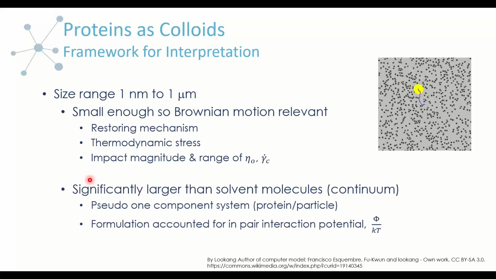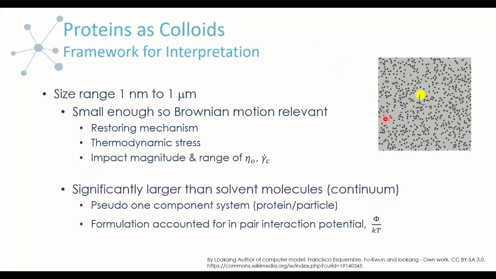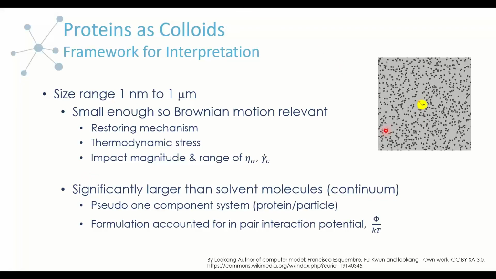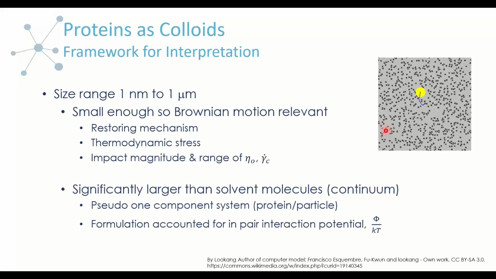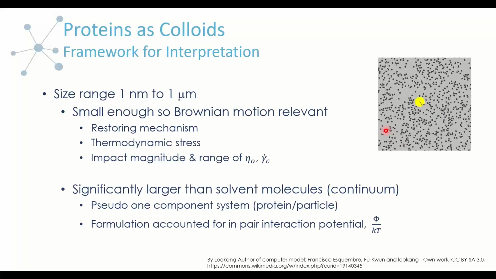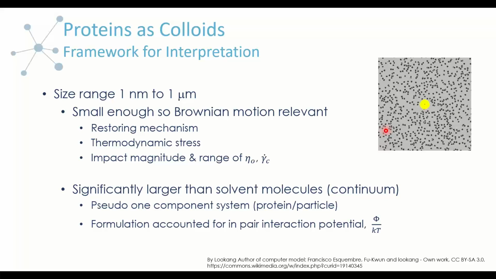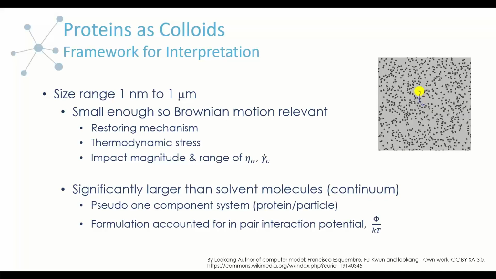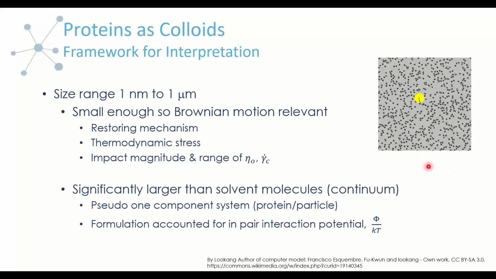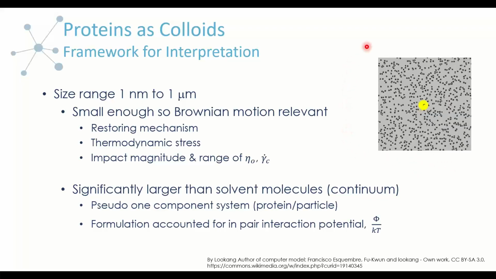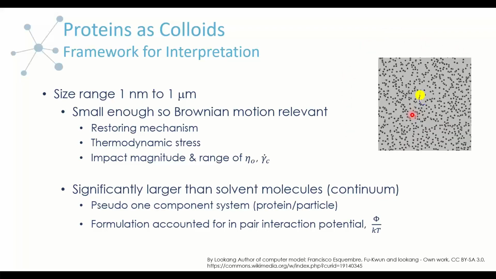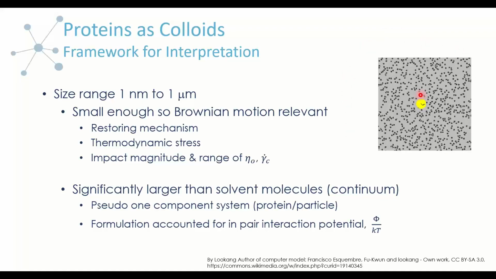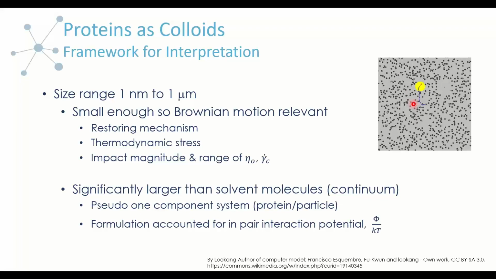Brownian motion is simply a measure of thermodynamic energy in a solution. The warmer a solution is, the faster the particles diffuse around in solution. And over here on the right, I have a short video clip of a large particle diffusing around randomly under Brownian conditions in a solution.